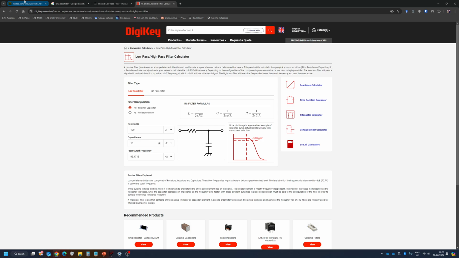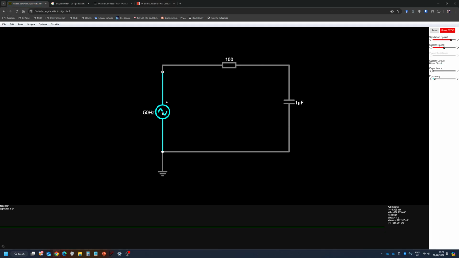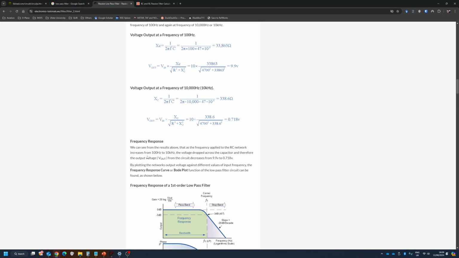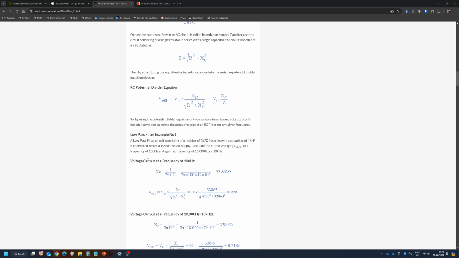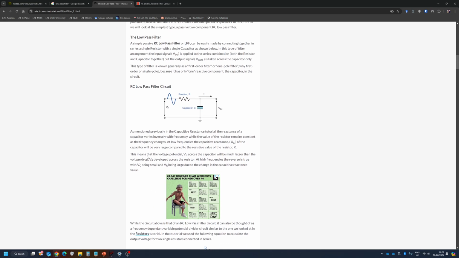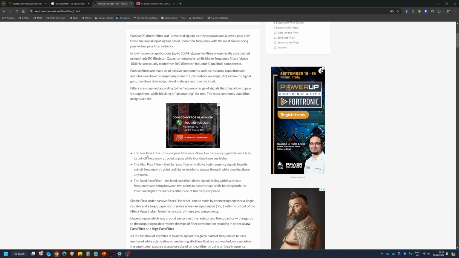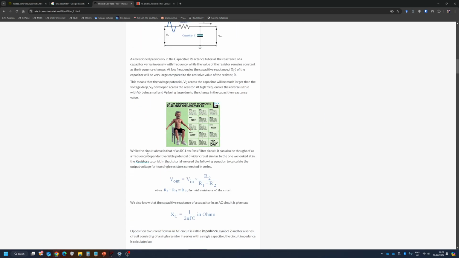So let's run the simulation here. This has an amplitude of 1 volt. And remember, the output voltage should be 1 over square root of 2.